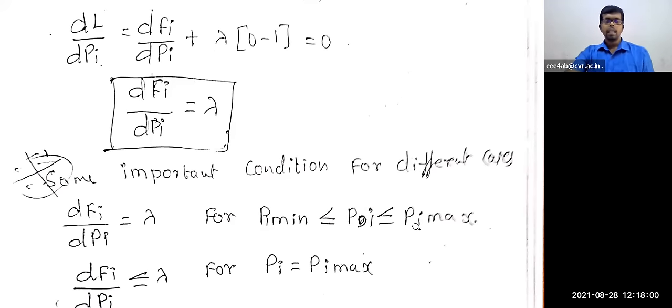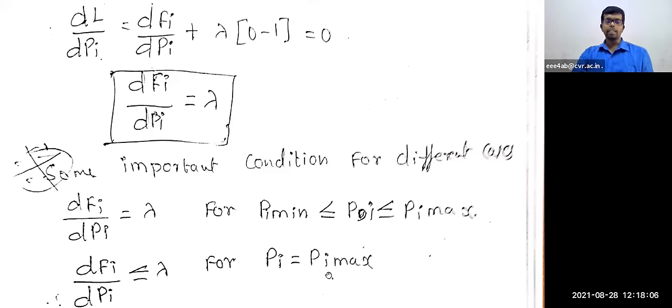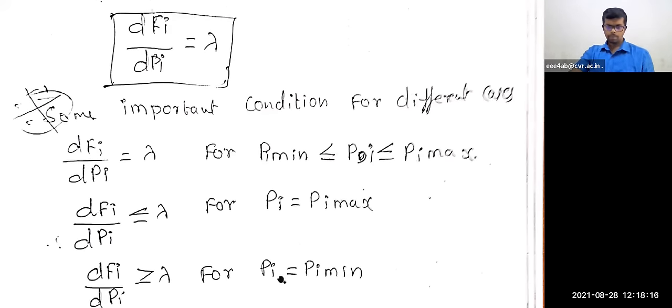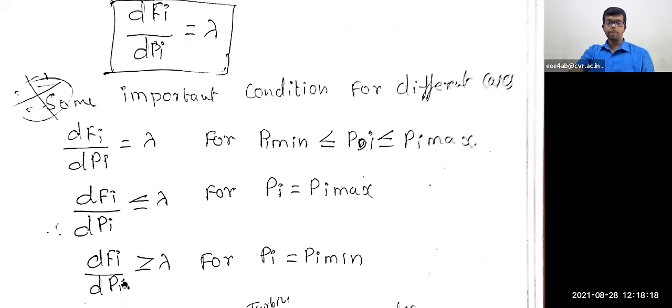And as the next step, dFi divided by dPi is less than or equal to lambda for Pi equal to Pi maximum. Then dFi divided by dPi is greater than or equal to lambda for Pi equal to Pi minimum.